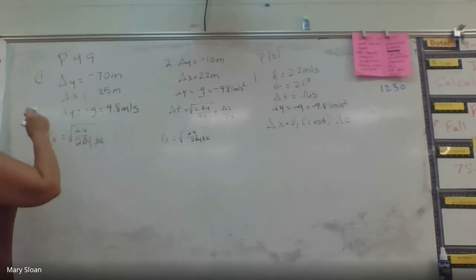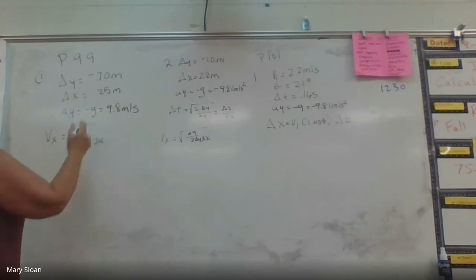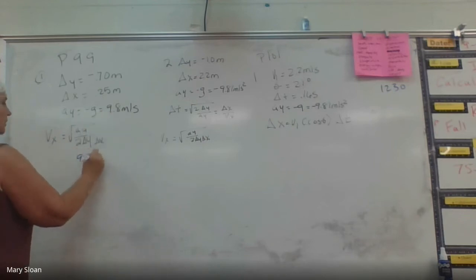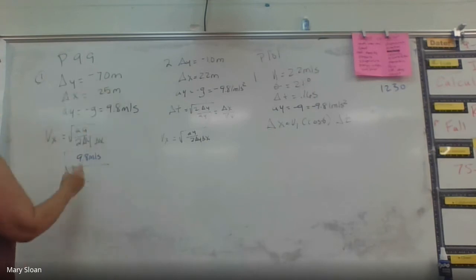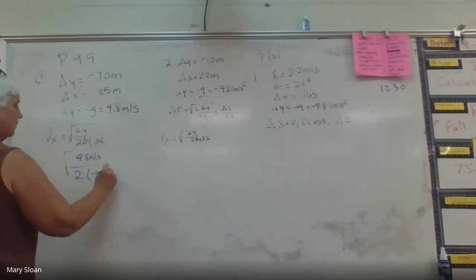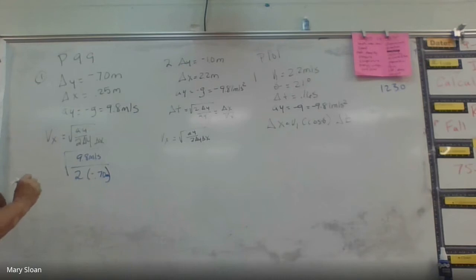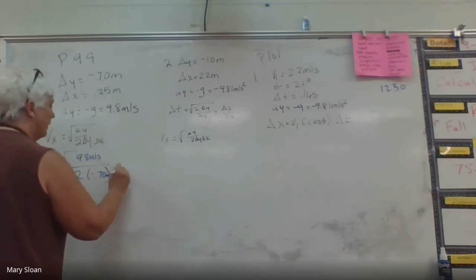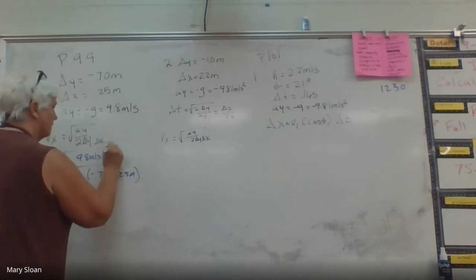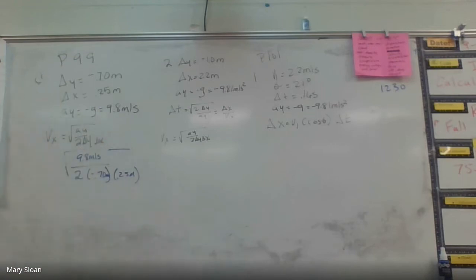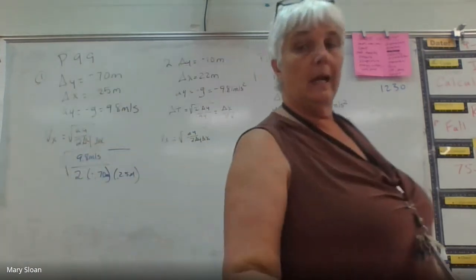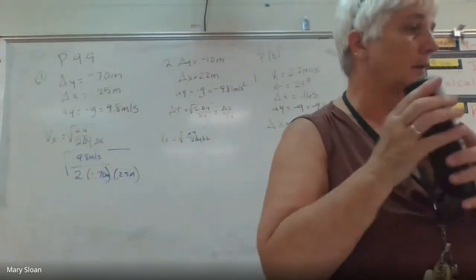So the square root of acceleration of y, which is gravity, 9.8 meters per second squared, over 2 times the change in y, which is negative 0.70 meters, and then the change in x, which is 0.25 meters. Plug that into your calculator, and I will come by and look at your calculator.